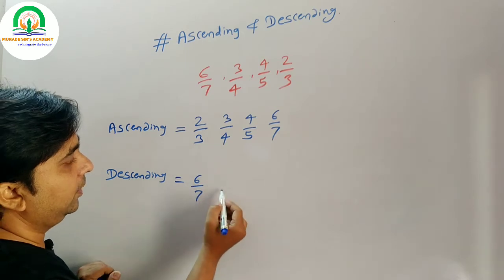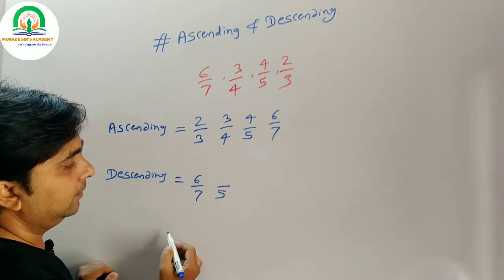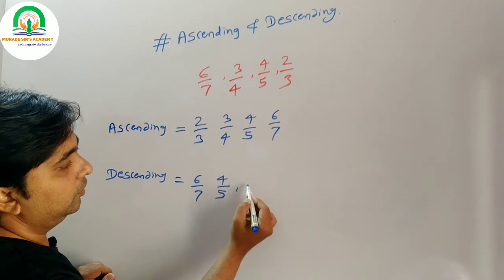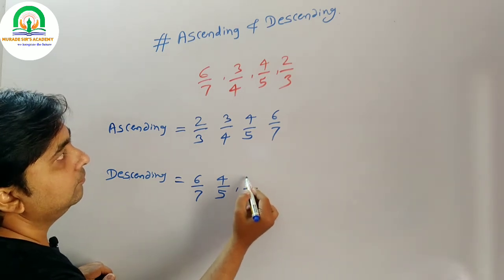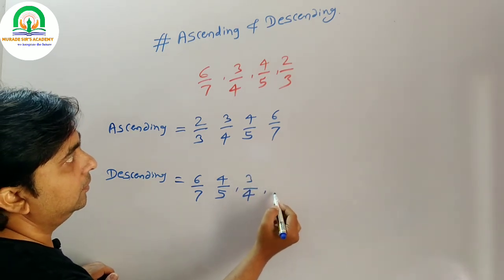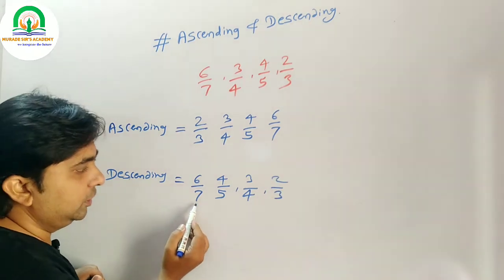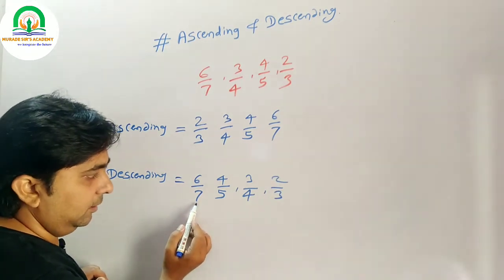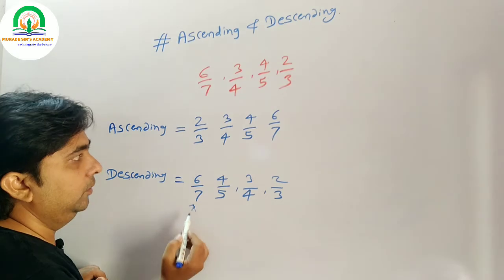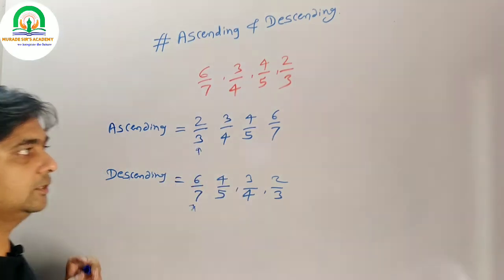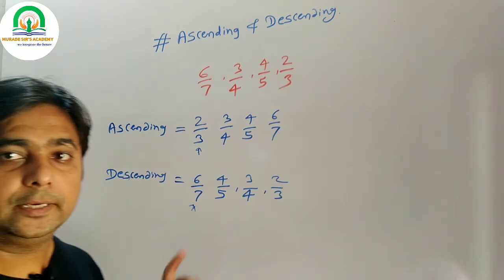Then the next number 5 is greater, then 4, then 3. Okay, whose denominator is greater has the greater value, whose denominator is less has the lesser value.